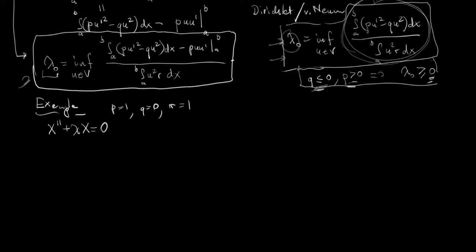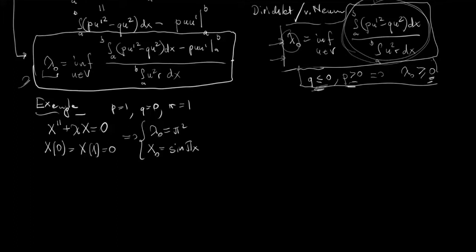And we know that if we consider the Dirichlet boundary conditions, then the lowest eigenvalue lambda 0 is equal to pi squared, and the corresponding eigenfunction is sine pi x. Okay, so that's what we know.